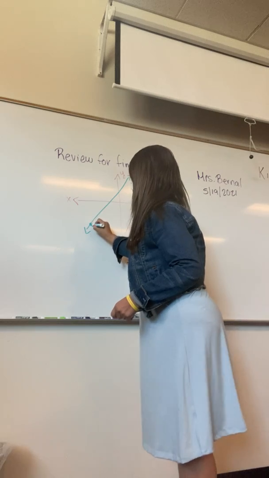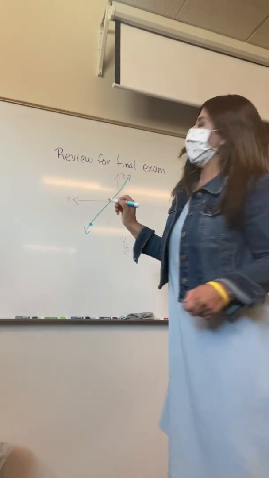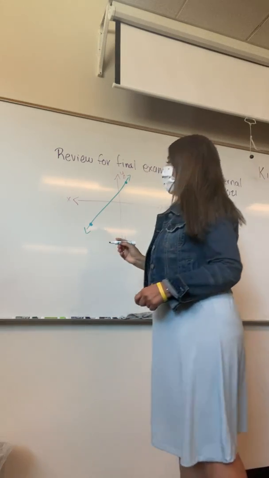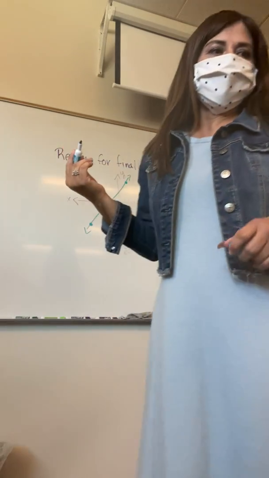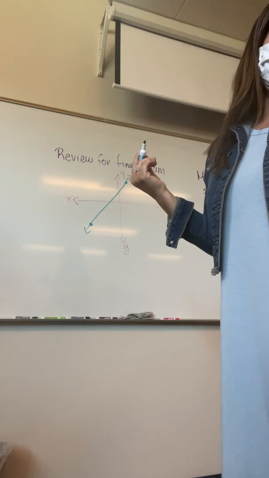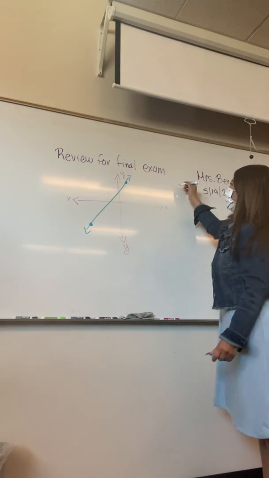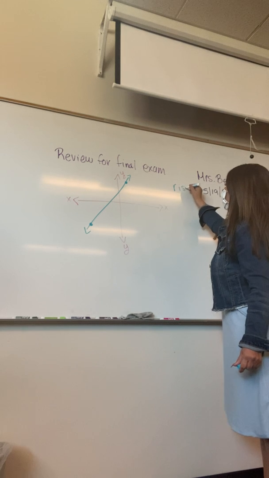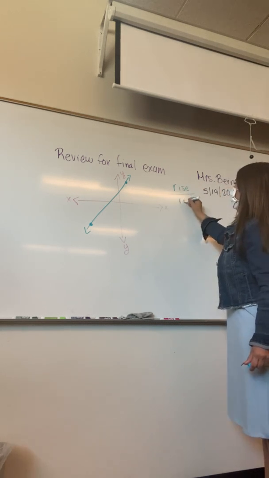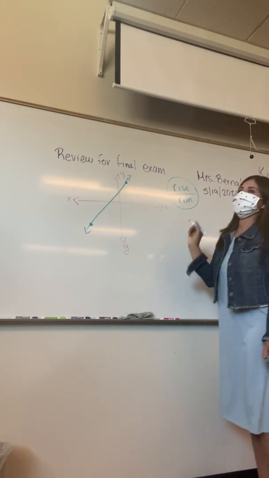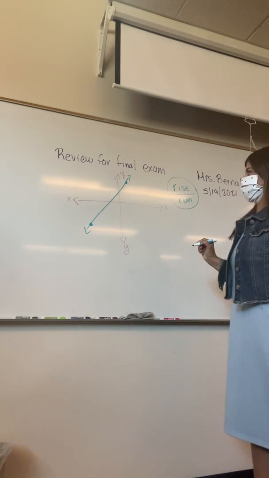Here's one point they're giving you, and the other one is about right here, okay? One more time, the question is find the slope of the graph below. To find the slope in an easy way, we go rise over run, okay? We use this formula right here because it's easier to find it this way.